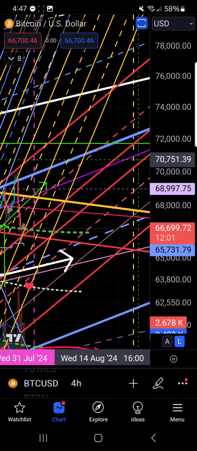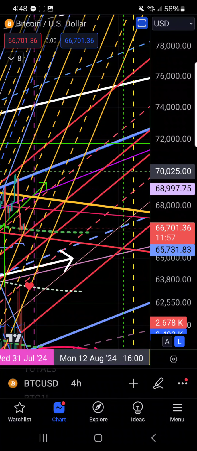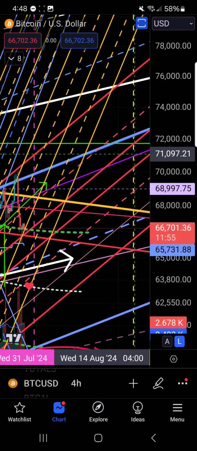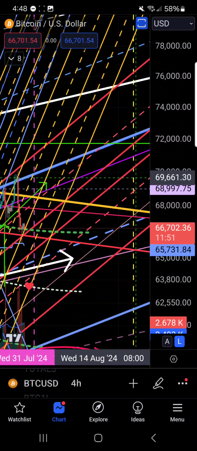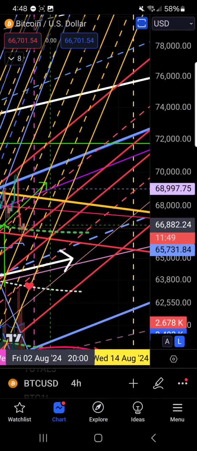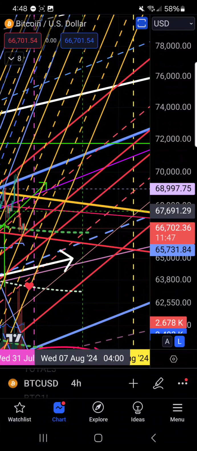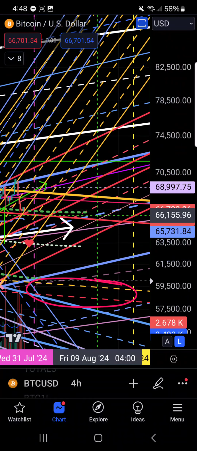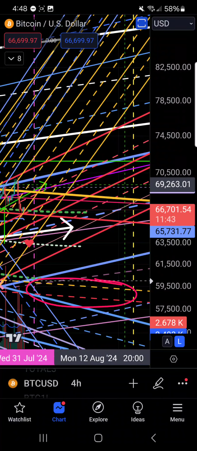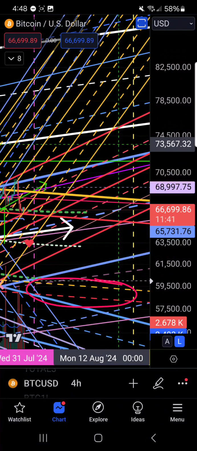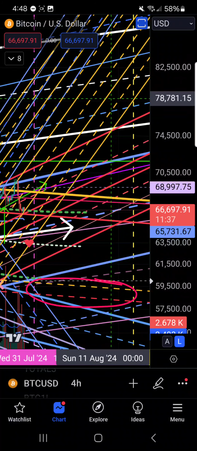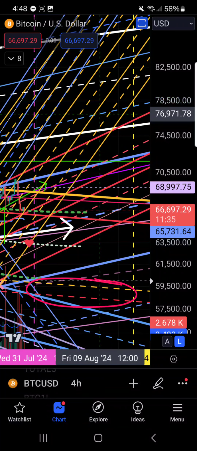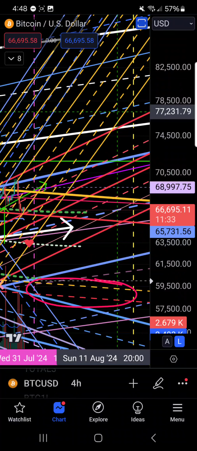Sometime, I think by this date, Wednesday, August 14th, will be the explosion day, if not prior to that. And we're going to see a breakout above 72, and up into our white channel here, the most important channel in Bitcoin's history.